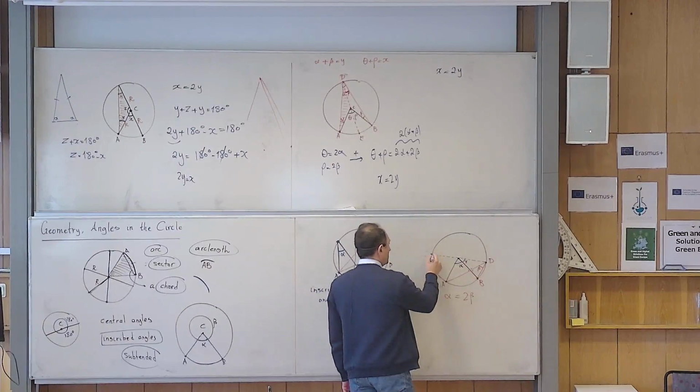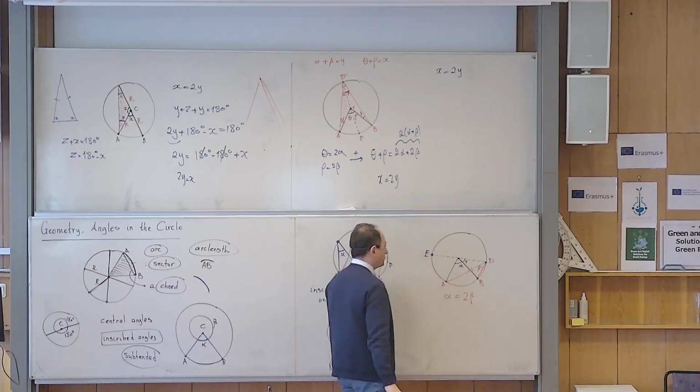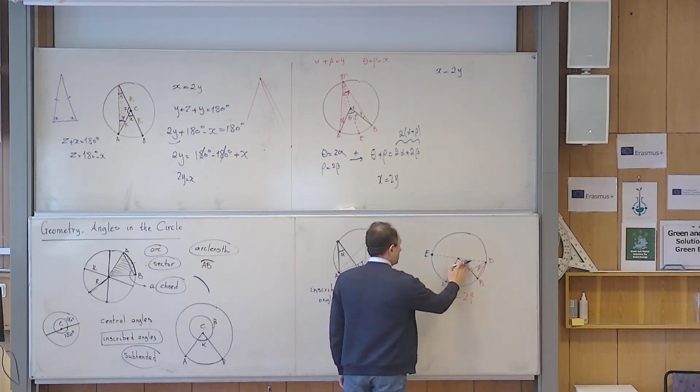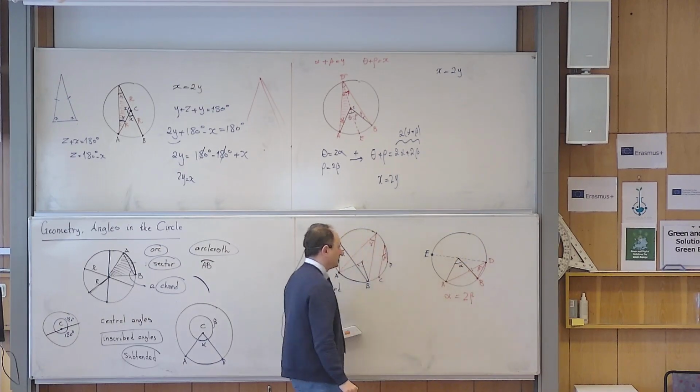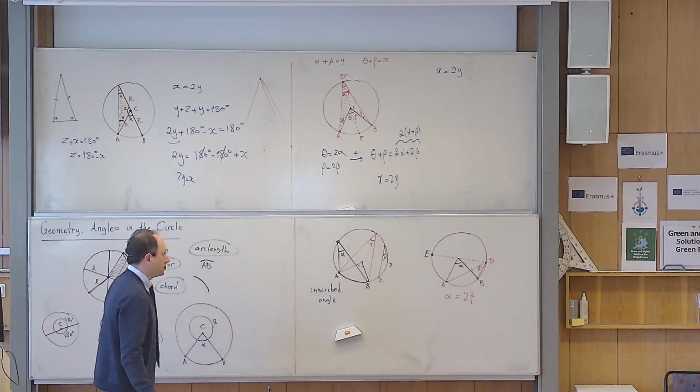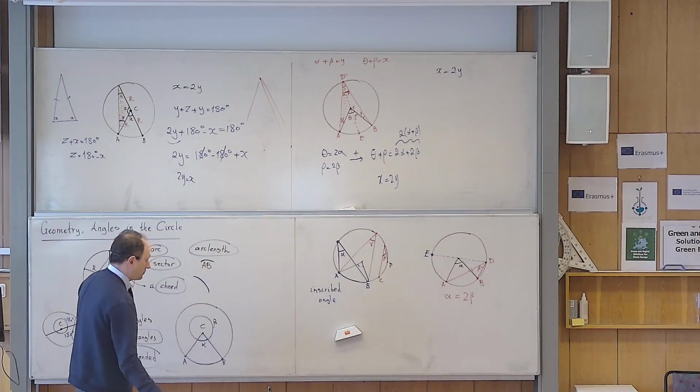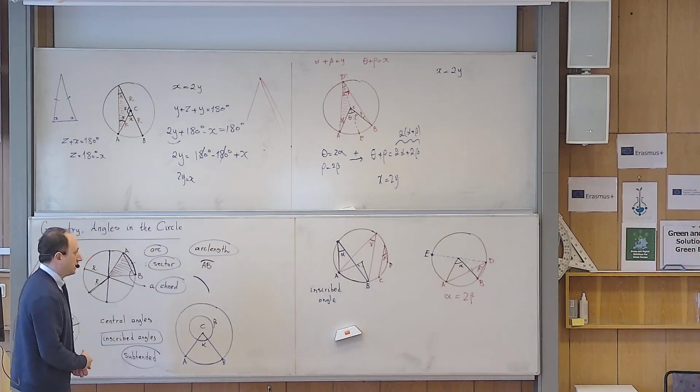Let me call this point E in case you want to name it. If you want, I can call this X, I can call this Y. I don't know if they are necessary. Let us not mess it up. We just name them if we really need them. But you have to have a strategy to find the relation between alpha and beta.